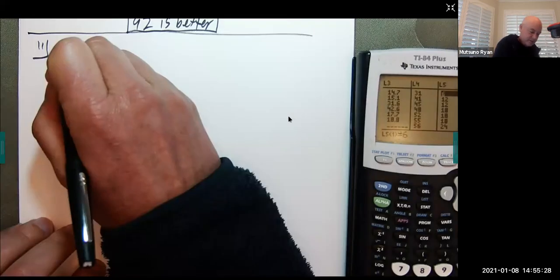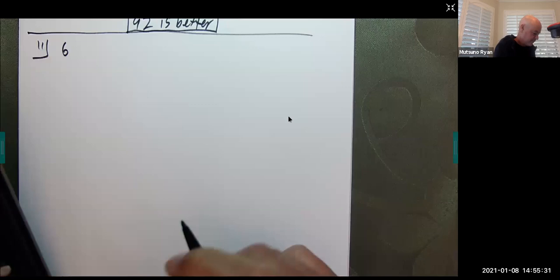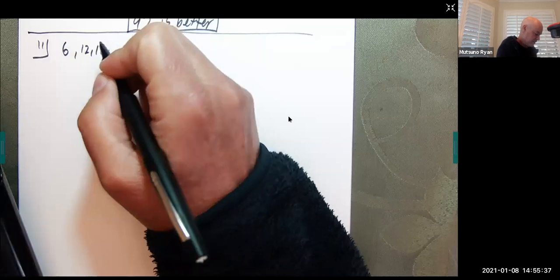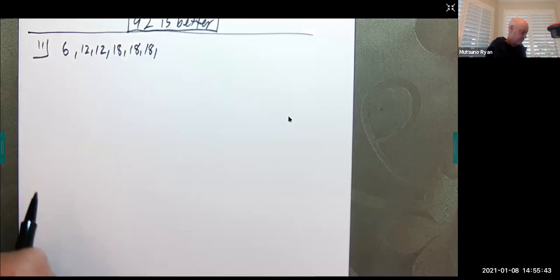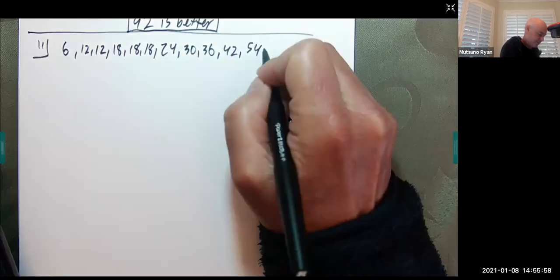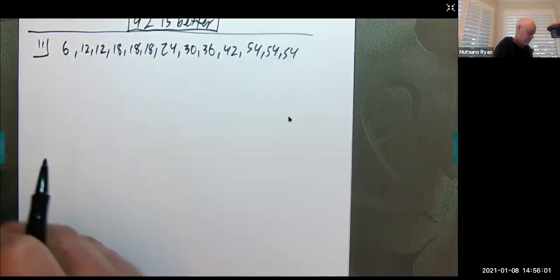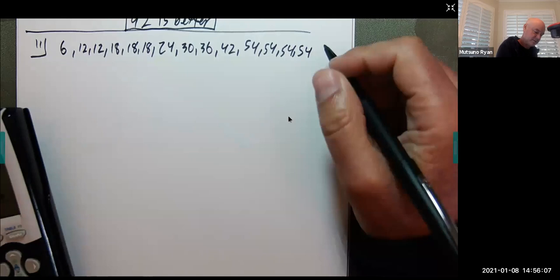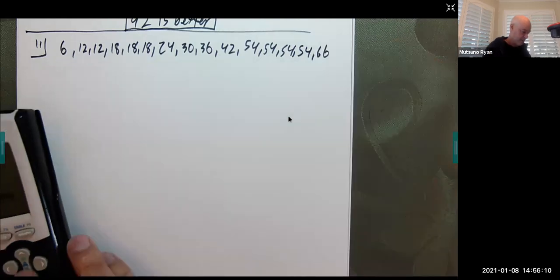So 6, 2 12s, 3 18s, 24, 30, 36, 42, 54, 54, 54, 54, 66. That's it. Okay.